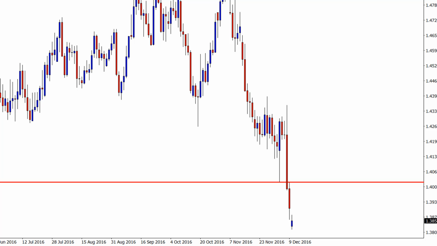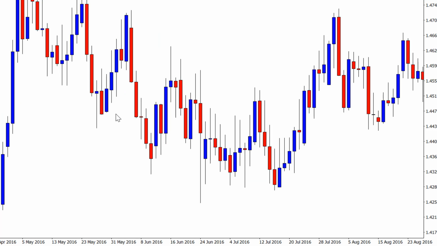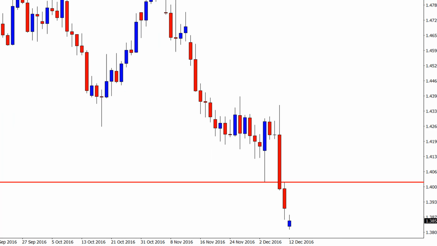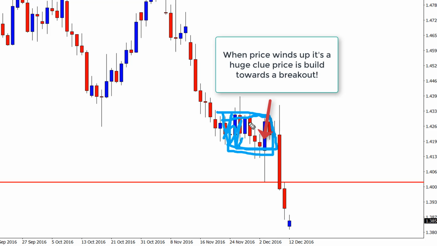The reason being, if we look at the very recent price action, before the bearish engulfing bar we had this really boxed in, wound up area. Before price breaks out, it often winds up really tight, and that's when we know that price is about to break out and explode.